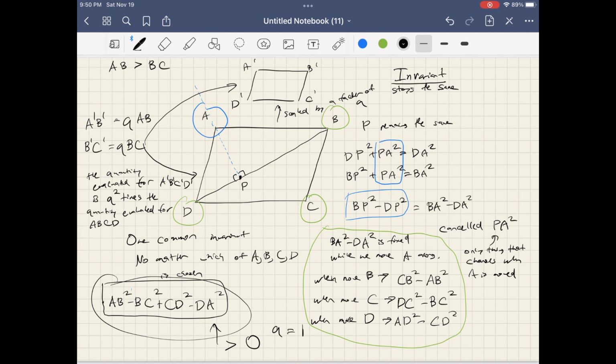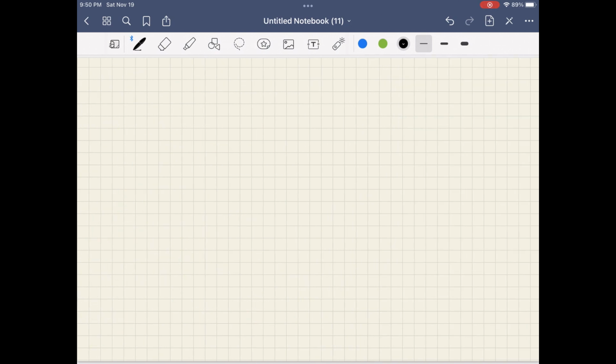So now you might notice, why doesn't this hold for rhombuses, right? Why can we scale up or scale down rhombuses at our will, basically?